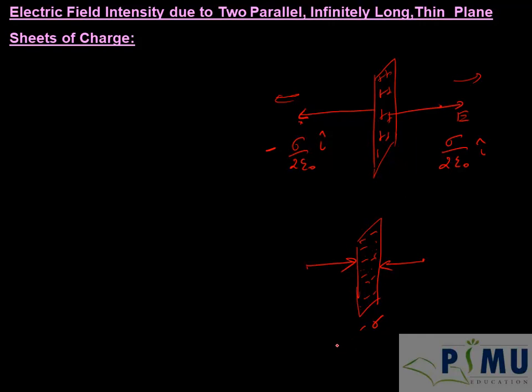For positive charge density, it will be directed away and perpendicular to the sheet, and for negative charge it will be perpendicular to the sheet, but towards the sheet. The electric field magnitude remains the same, sigma by 2 epsilon naught only. This is in the positive direction and this will be in the negative direction.